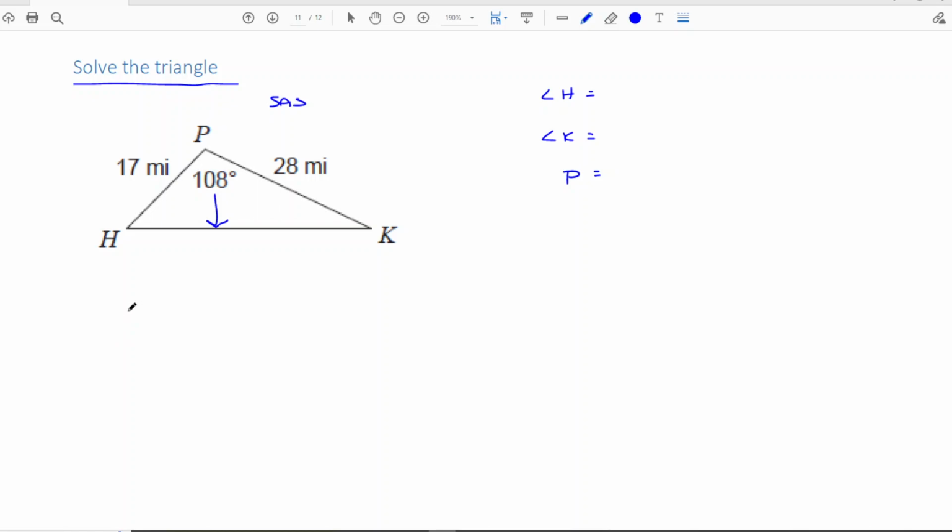So to do that, I'm going to set up the cosine law to solve for a side. So P squared is going to equal the sum of the other two sides squared and added together, minus 2 times those two sides times the cos of the angle across from side P, which is 108.